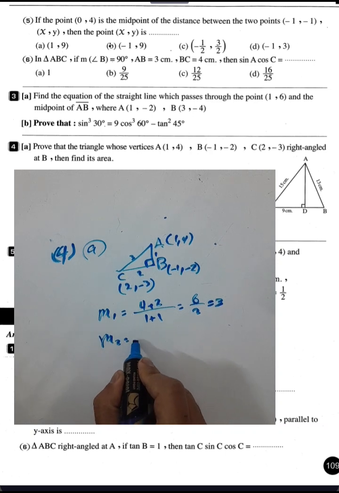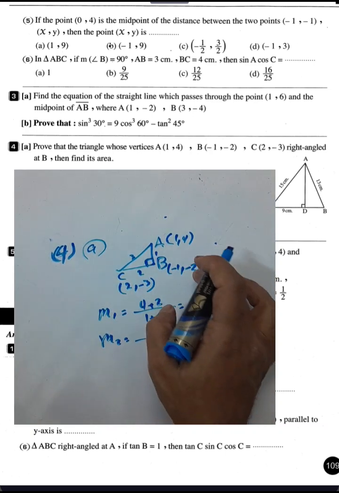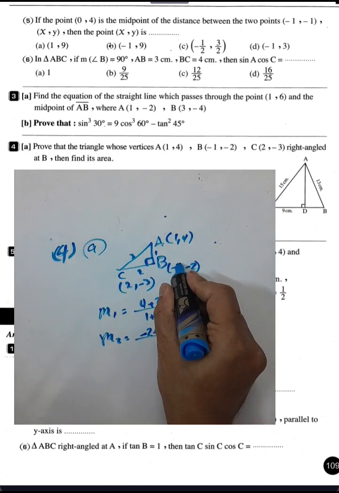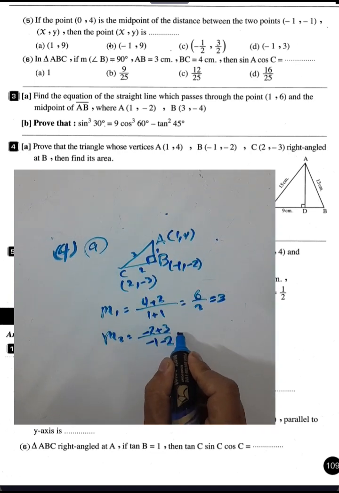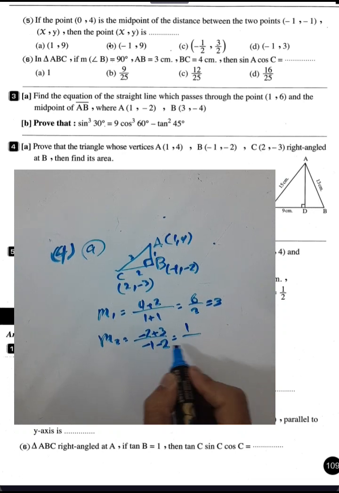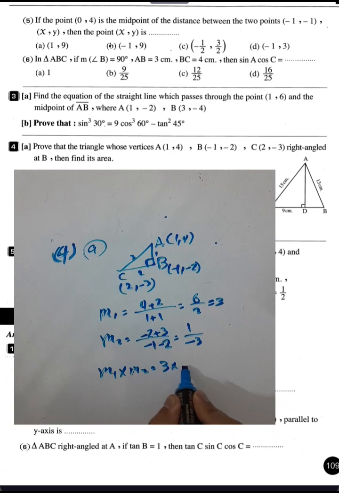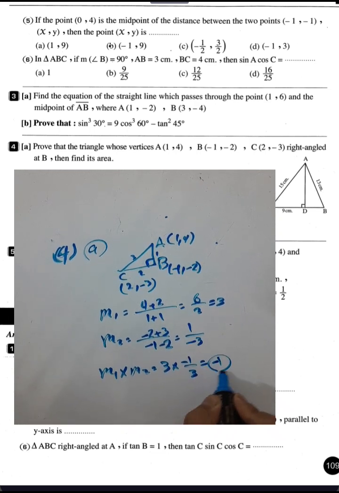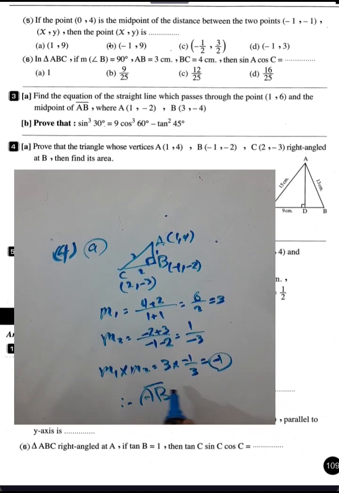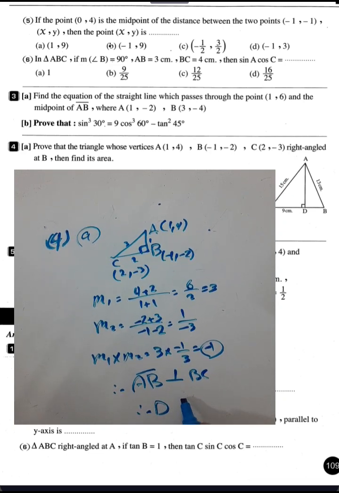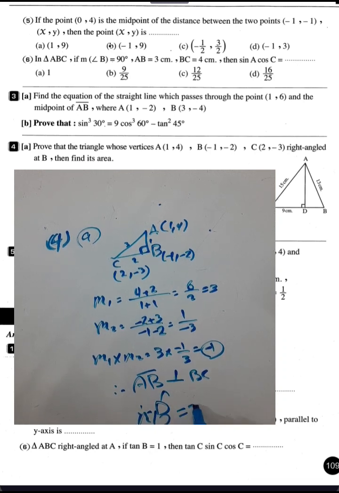And between B and C, y2 minus y1, -2 plus 3 over -1 minus 2. The result will be 1 over -3. Then m1 times m2 is 3 times -1 over 3, and the result will be -1. Then AB will be perpendicular to BC. Then this triangle will be a right angle triangle, with the measure of angle B equal to 90 degrees.